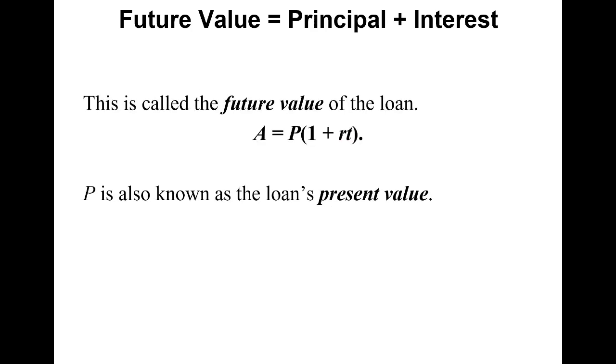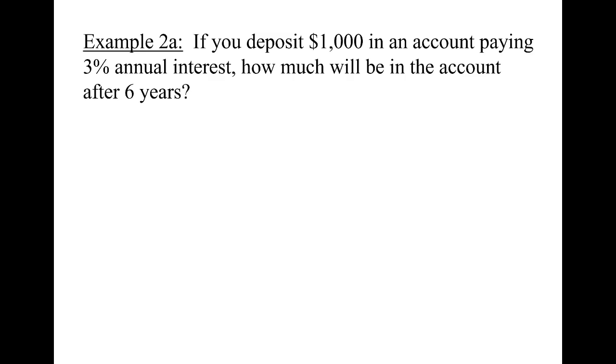The future value of the loan is A equals P times (1 plus rt), and that P, which is the principal, is also known as the present value. It's the value of the loan right now, and A is the value of the loan in the future once the interest is accrued.